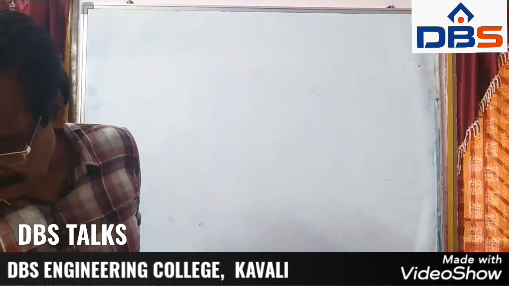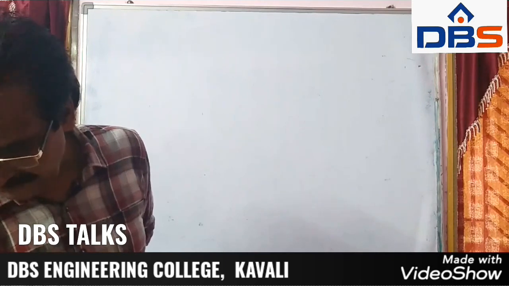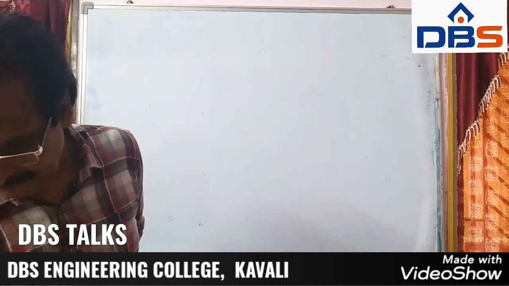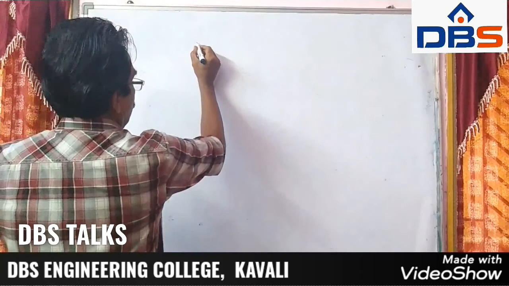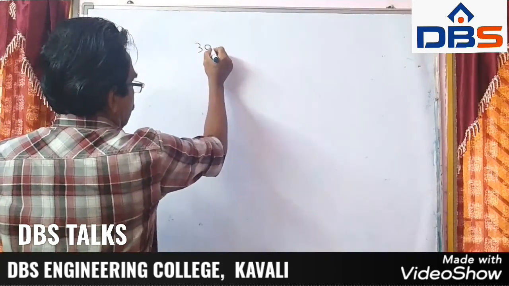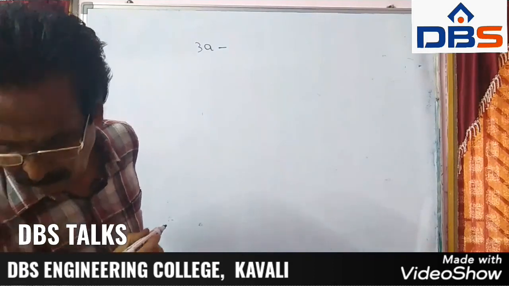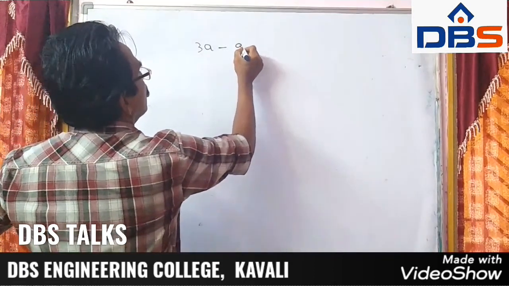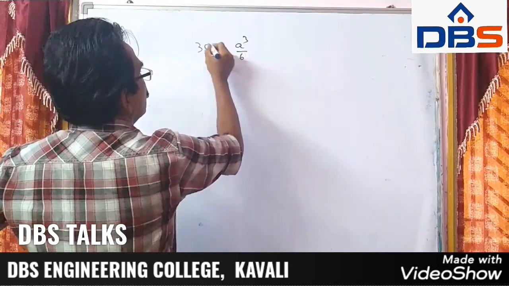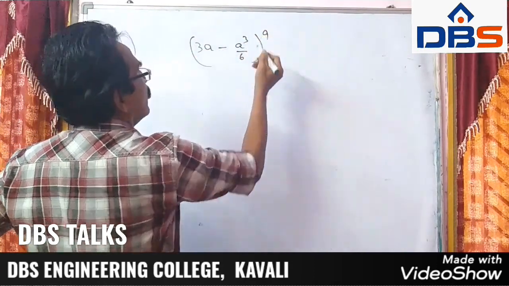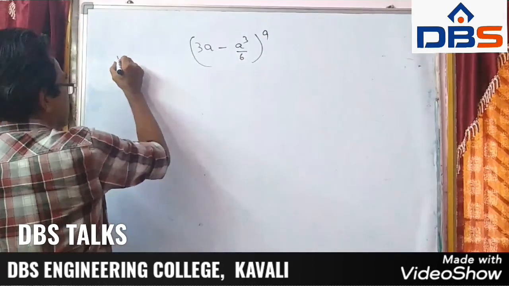Friends, here I will tell you another small example. What is the middle term in (3a minus a cube by 6) whole power 9?